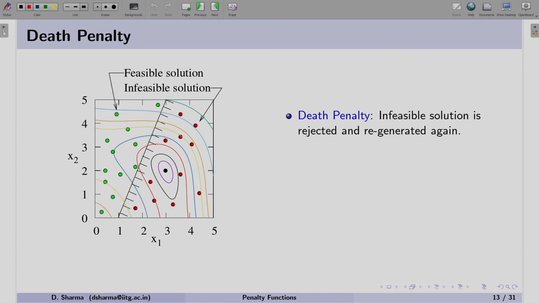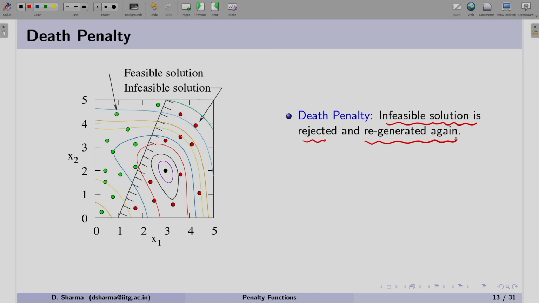Now the death penalty function, as you can see here on the right hand side, says that an infeasible solution is rejected and regenerated again. So the point is that this death penalty method does not want any infeasible solution.